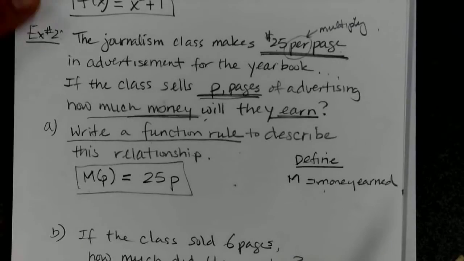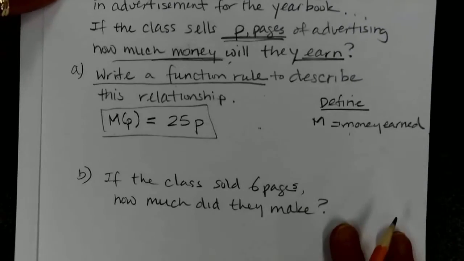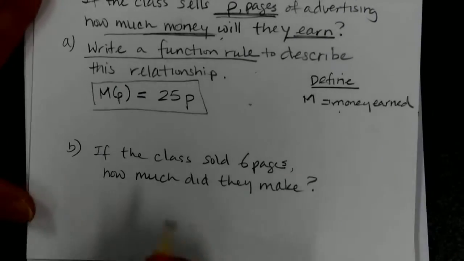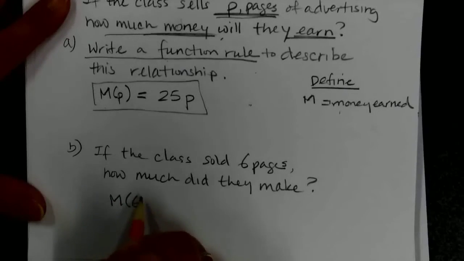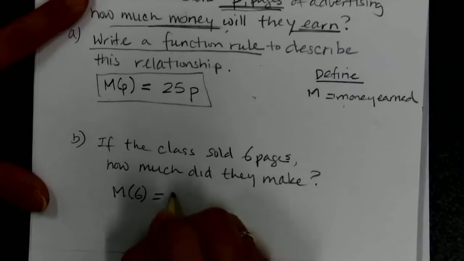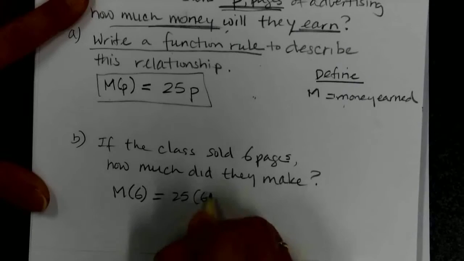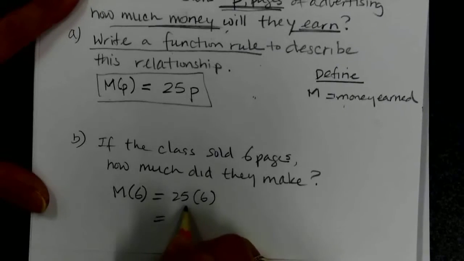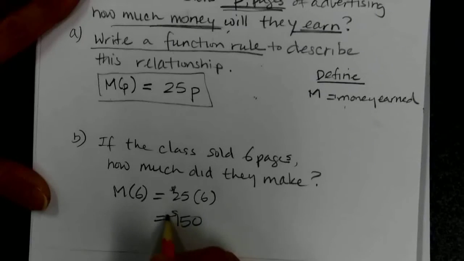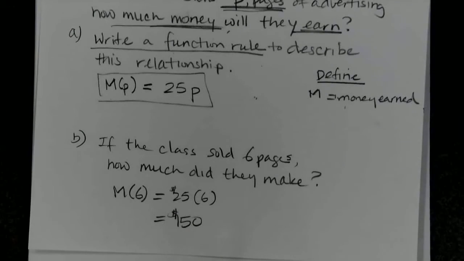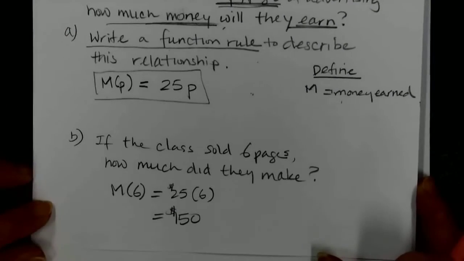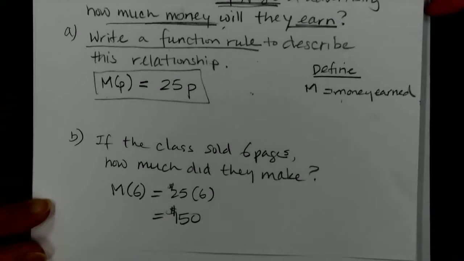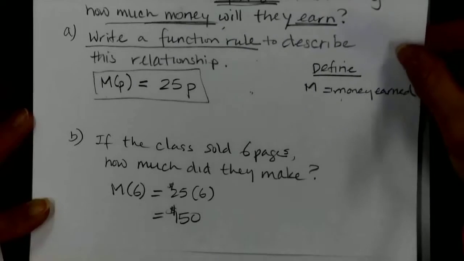So now to figure out how much money I make, all I have to do is plug in 6 for P, so money made with 6 pages would equal $25 times 6 pages. So $25 times 6 pages, I can make $150. And that's how you determine how much money by selling 6 pages.